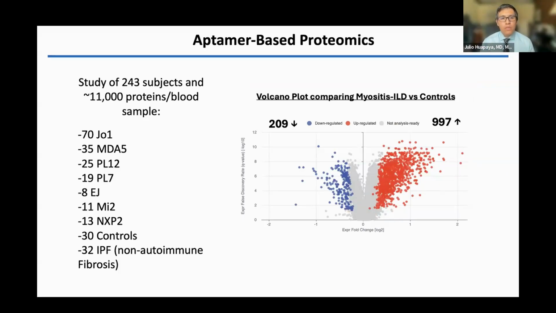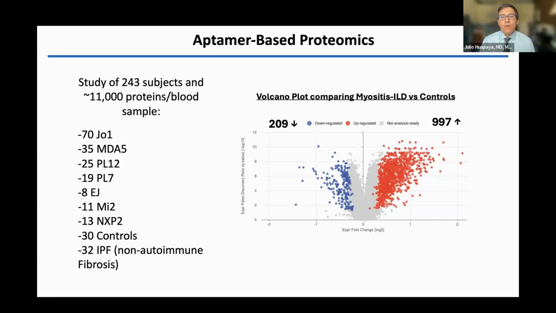And you see, we included lots of patients with JAW1, MDA5, and different antibodies. And for this study, we also included a group with IPF, which is just a non-autoimmune form of pulmonary fibrosis. And we're currently analyzing the data, but I wanted to give you some information today.